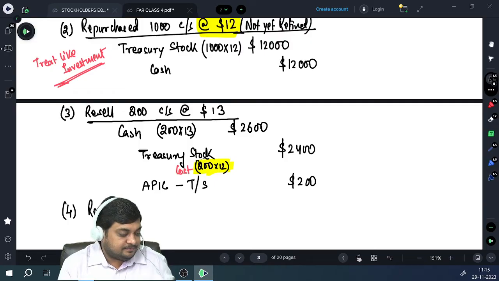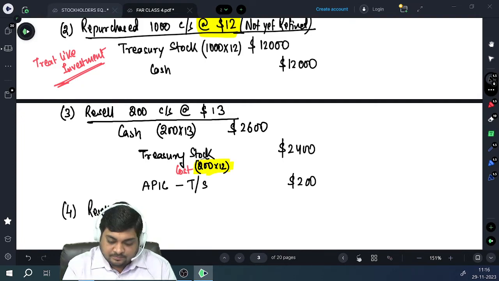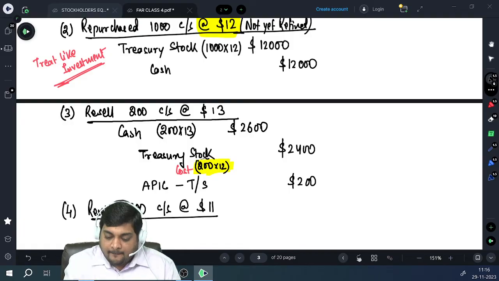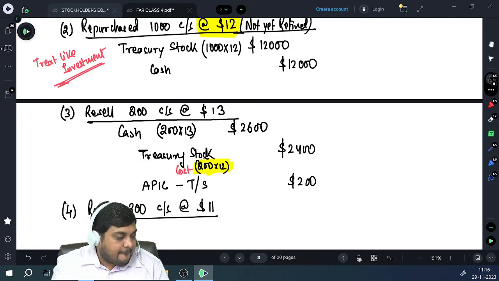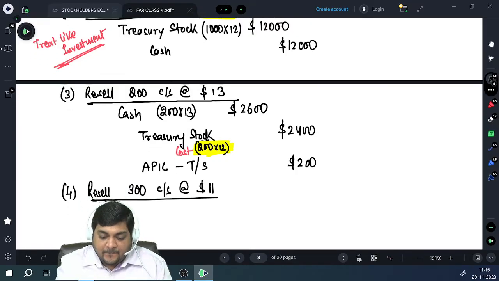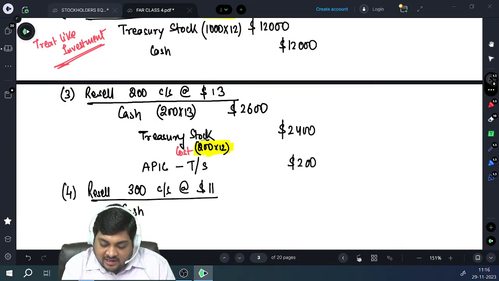Resell 300 common stock at the rate of 11. So now when you are reselling, you are getting cash, 300 into 11.